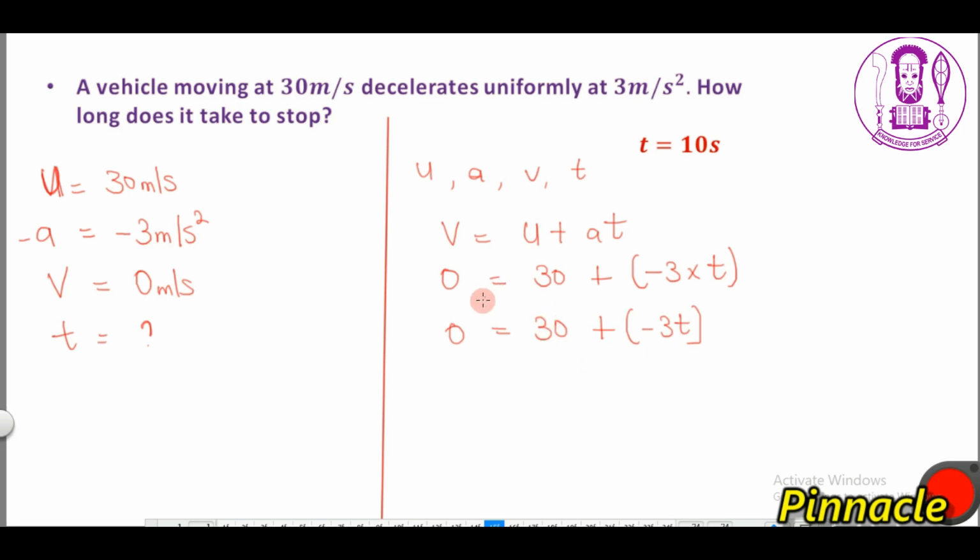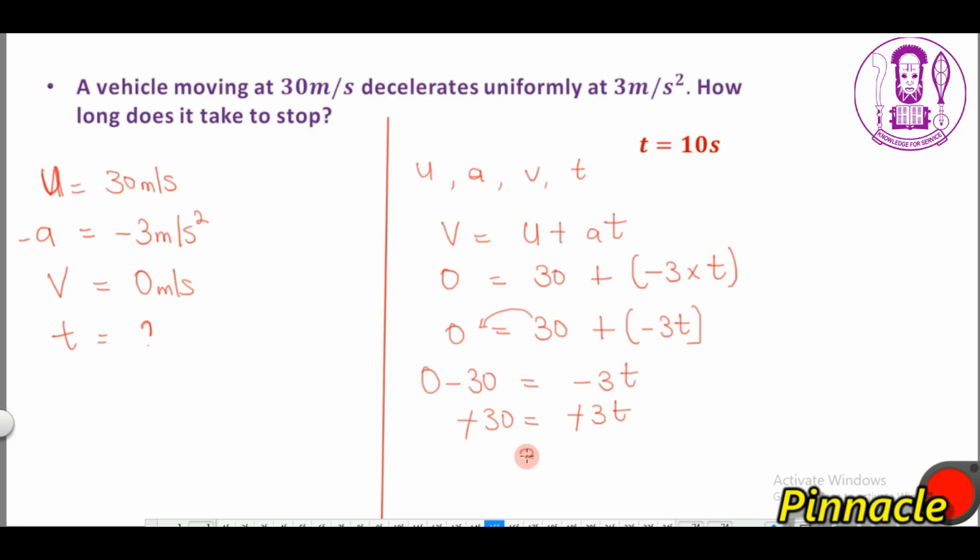If I take this 30 to the other side of the equation, it becomes minus. So 0 minus 30 is equal to, plus times minus 3t, which gives us minus 3t. So 0 minus 30 is minus 30, equal to minus 3t. My minus will cancel out minus.